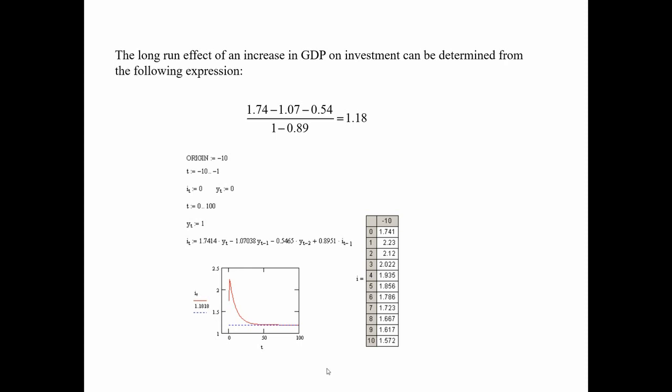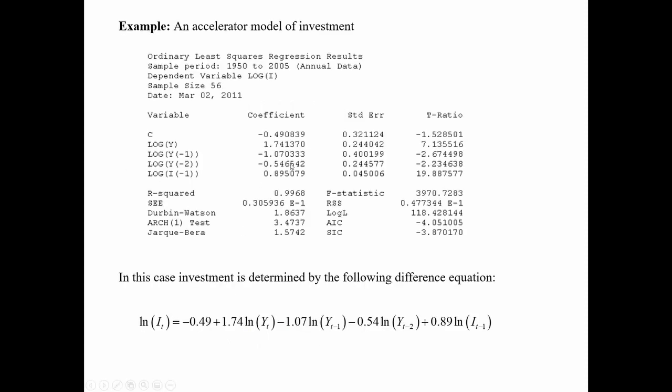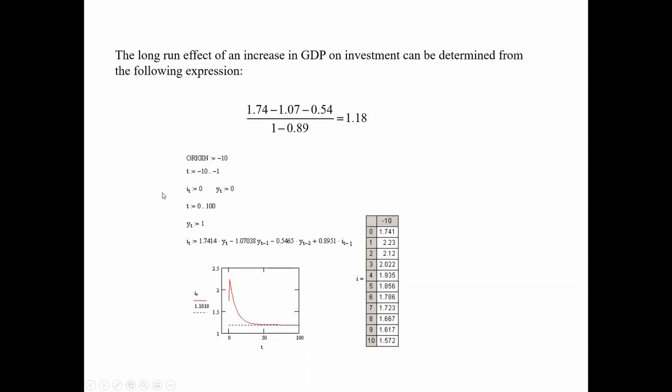So in this case, the long run effect is obtained by adding together these three coefficients on y and then divided by 1 minus the coefficient on the lagged endogenous variable here. That gives us this expression here, which works out at 1.18. That's the long run multiplier, so a 1% increase in GDP in the long run will produce an increase in investment of 1.18%, which sounds about right.